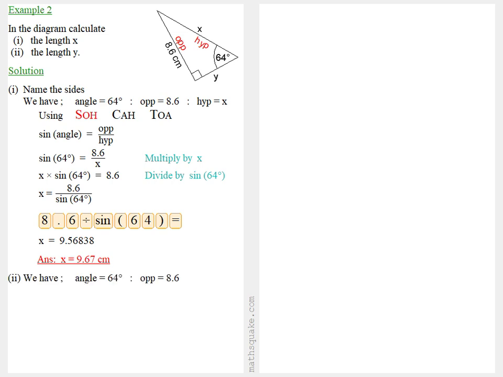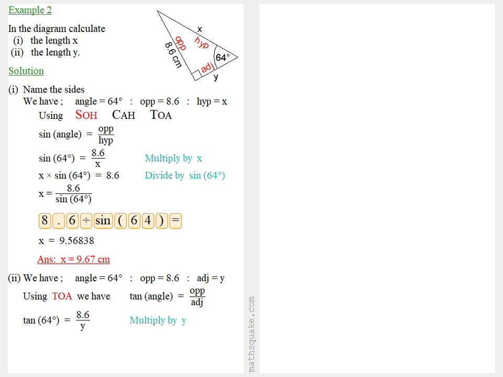Now in part 2, we've got the angle is 64 degrees. This time, the opposite is 8.6 and the adjacent is y. So we're going to use TOA. Tangent of the angle is opposite over the adjacent. So the tangent of 64 degrees is 8.6 over y.